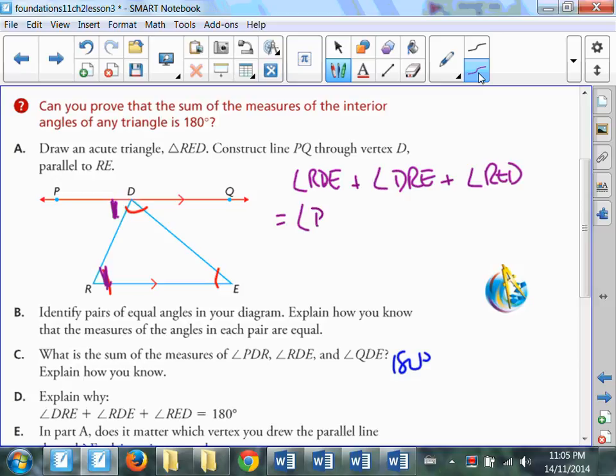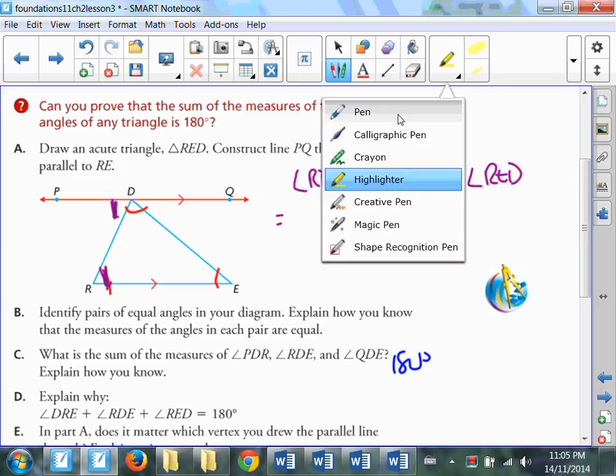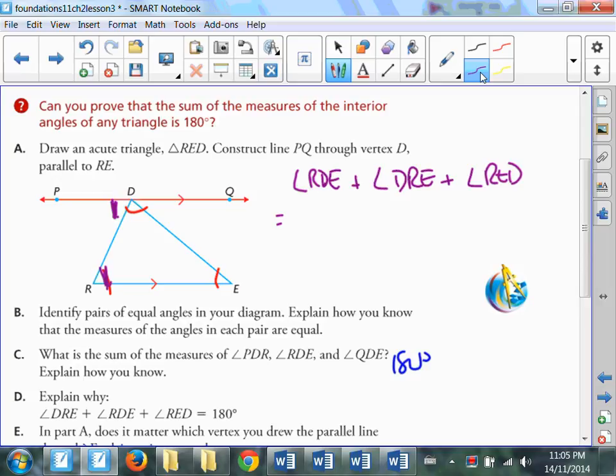So now it's going to be angle PDR. Actually, just hold on a wee second here. RDE is RDE. Then DRE, that's this guy here, is PDR. So angle PDR.